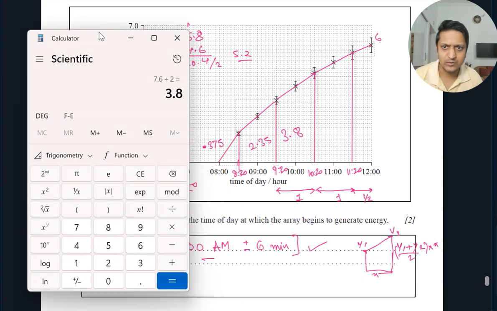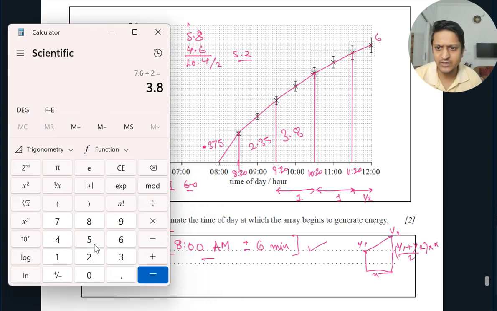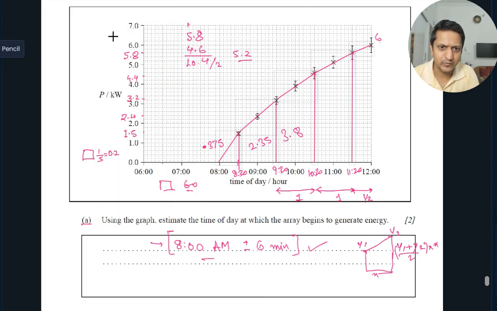Let's do it with the calculator also. Okay, 5.8 plus 4.6 divided by 2, and when multiplied with 1, it will be 5.2. So for this I have taken 4.6. You can take it here also, but in the mean it would be okay. Then it would be this point.